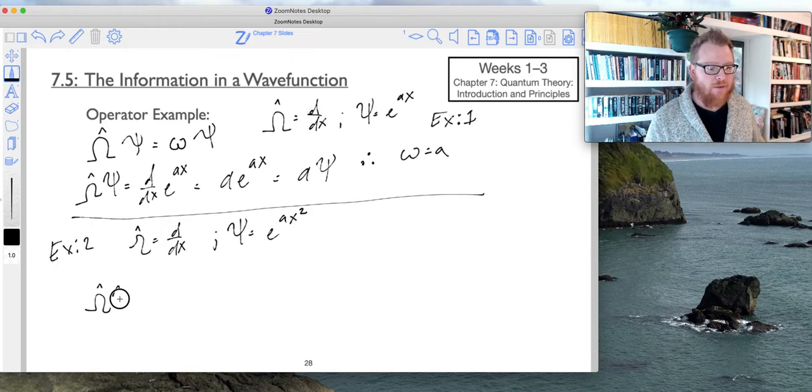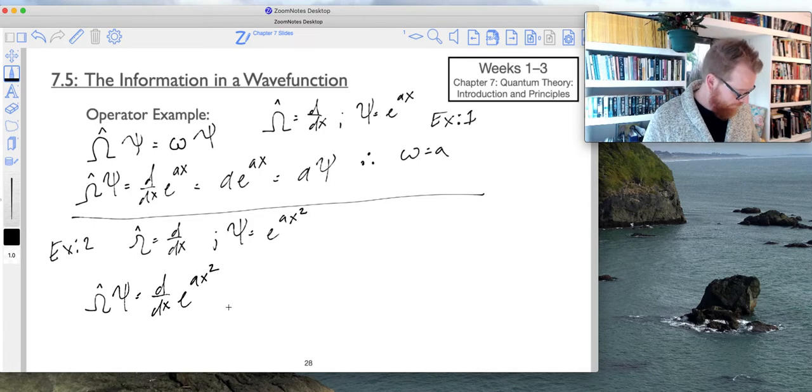Now if I operate on psi, that's d dx of e to the ax squared. Recall when I take the derivative of this exponential function, I take the derivative of what's in the exponential and put it out in front.